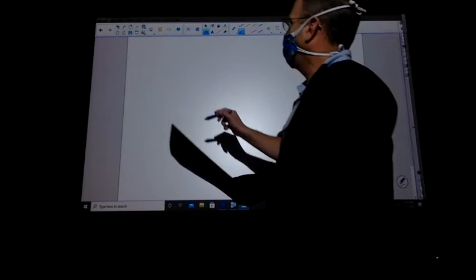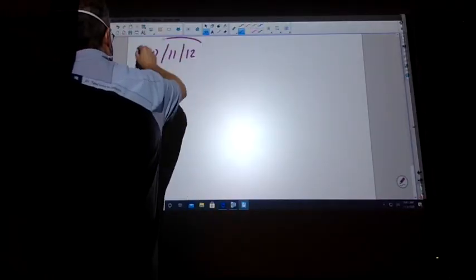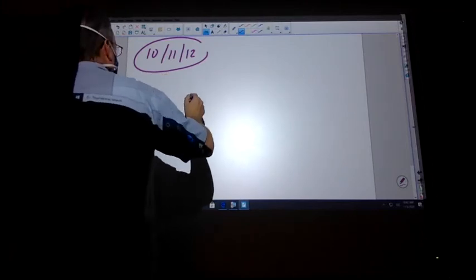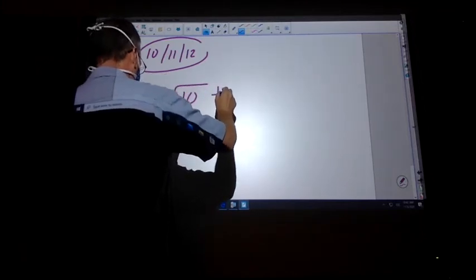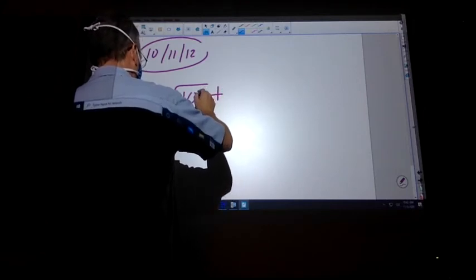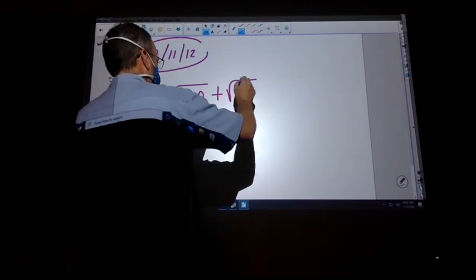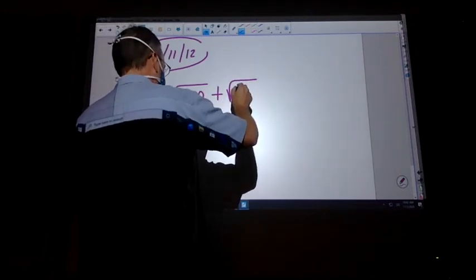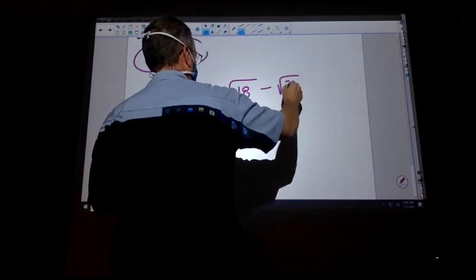All right. 10, 11, 12 are all a similar type of problem. Where let's say we have square root of 10 plus square root of 200 plus square root of 18 minus square root of 2.